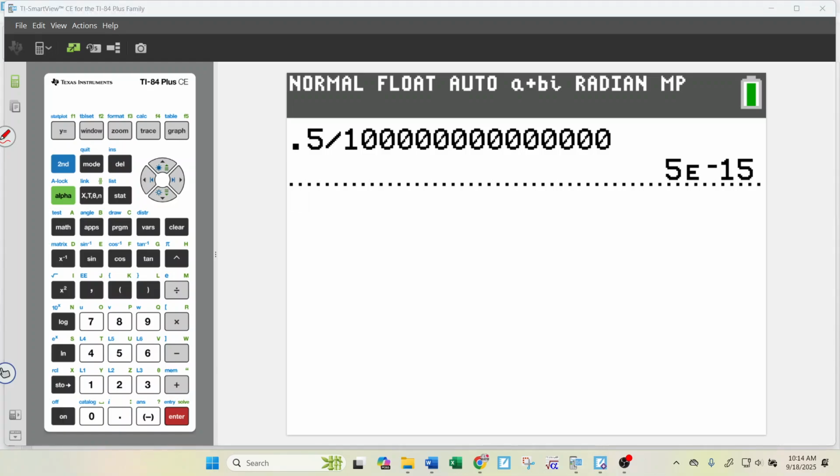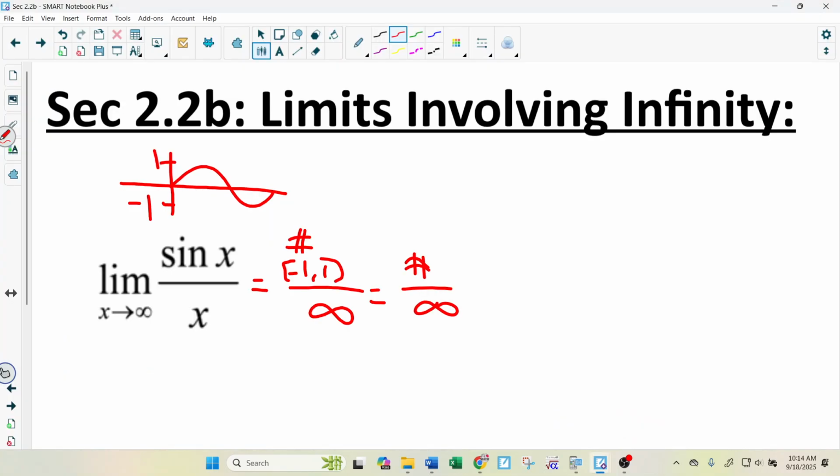So in terms of the limit, what this means is it goes to 0. It gets really small. Okay. So that's one kind of limit, and we're going to look more at that later in this chapter, and we will flesh out this idea more.